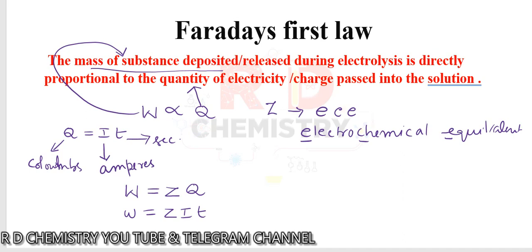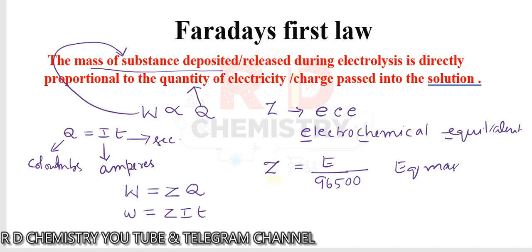Now we'll find out the Z value. There's a formula to calculate the Z value. That is equal to equivalent mass divided by 96,500, in terms of coulombs here. So what is the equivalent mass?